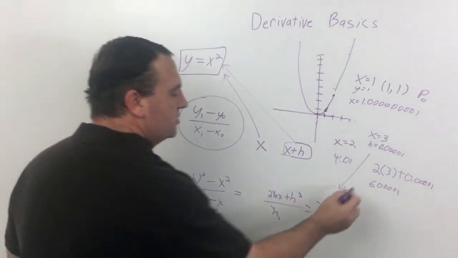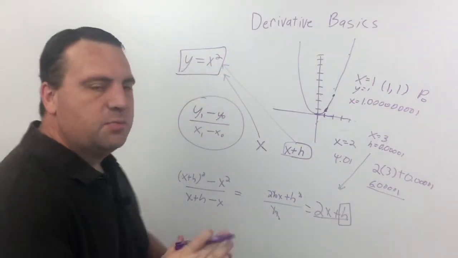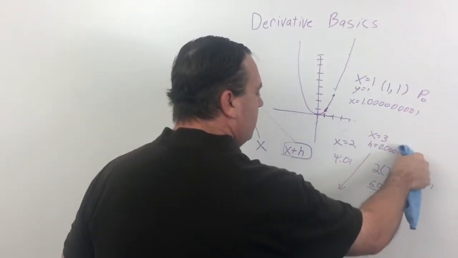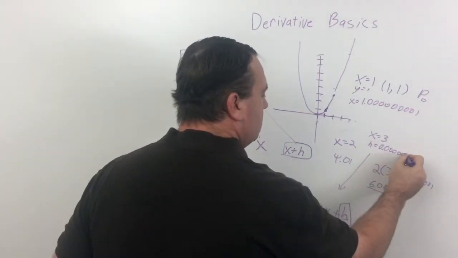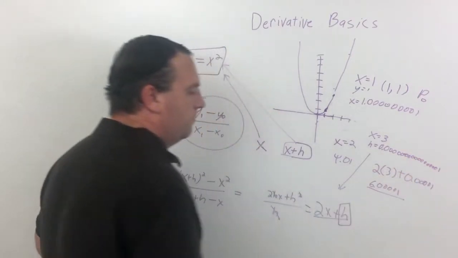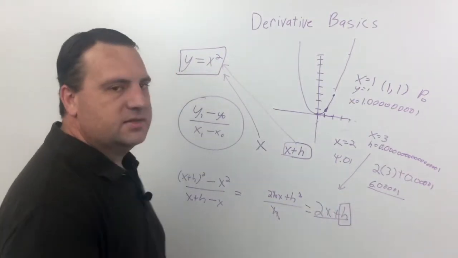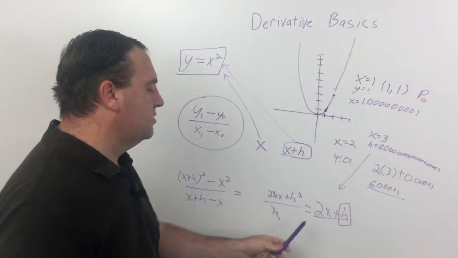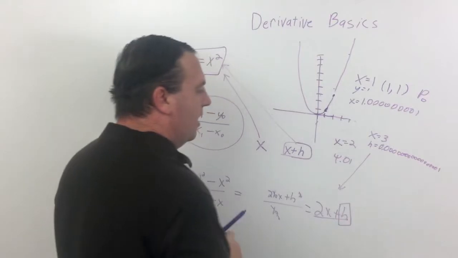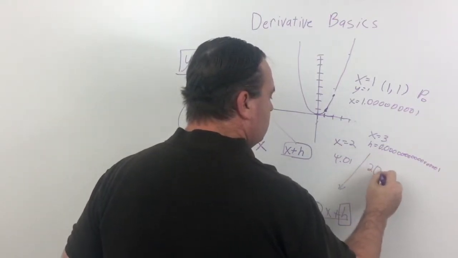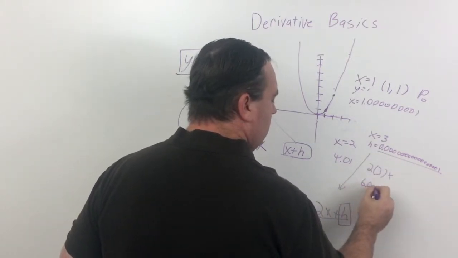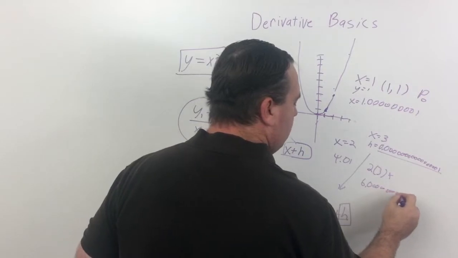Okay, so this is going to be the slope between those 2 points. And we can get those points as close together as we want. We can say, what's the slope between x equals 3 and another point that's even closer, right? And so this formula will tell us how to do that. Okay, so what does this formula say? It's going to be 2 times x plus h. And so we will have 2 times 3 plus this long number, which will give us 6.0, and I'm not going to count how many of these I have.